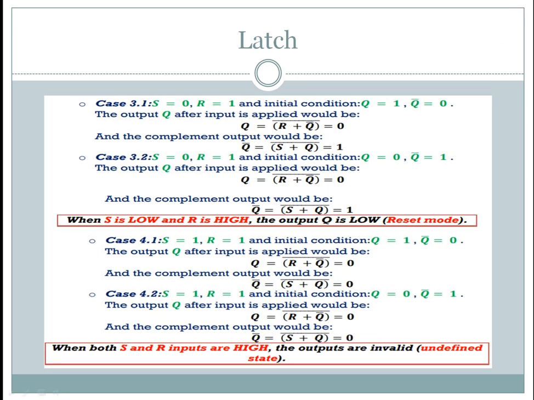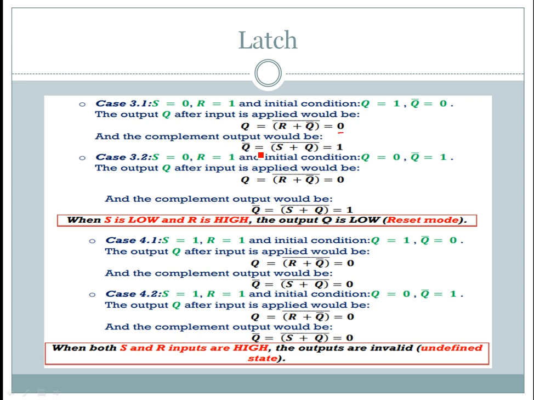It is when S is 0, R is 1, and we'll consider the initial condition Q 1 and Q bar 0. So Q equal to R plus Q bar whole bar. R value is now 1 and Q bar value is 0, 1 plus 0 is 1, and the complement of that becomes 0.